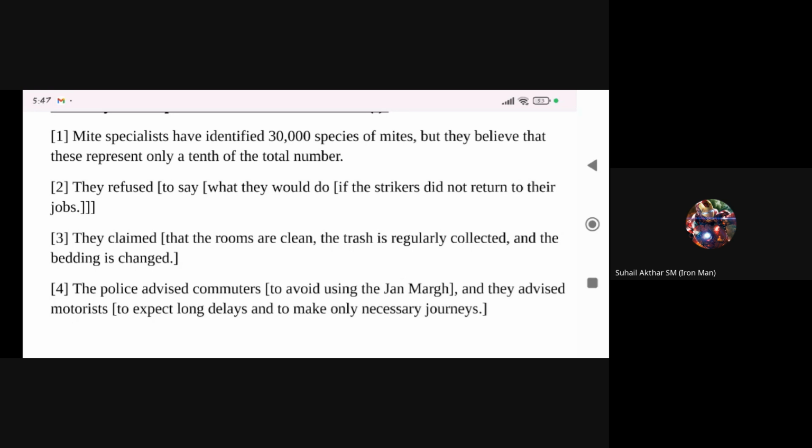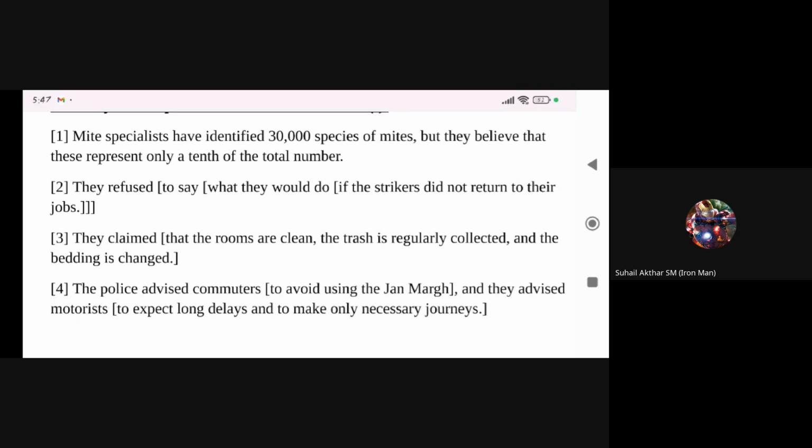The last one here: the police advised commuters to avoid using the Janmarg, and they advised motorists to expect long delays and to make only necessary journeys. How do you go about with this? How many independent clauses? Two, right? And which are they? The police advised commuters to avoid using the Janmarg.